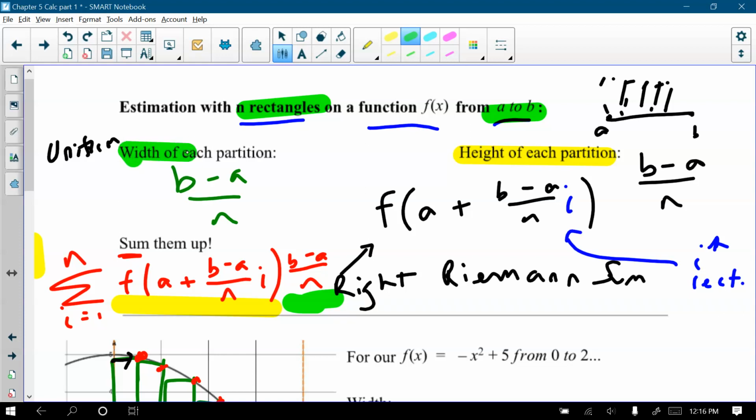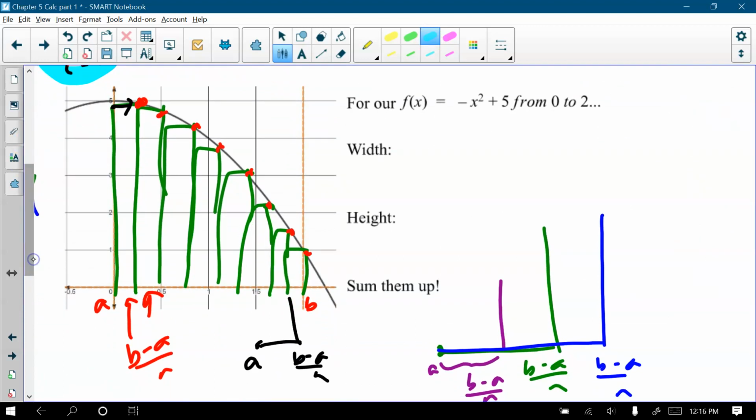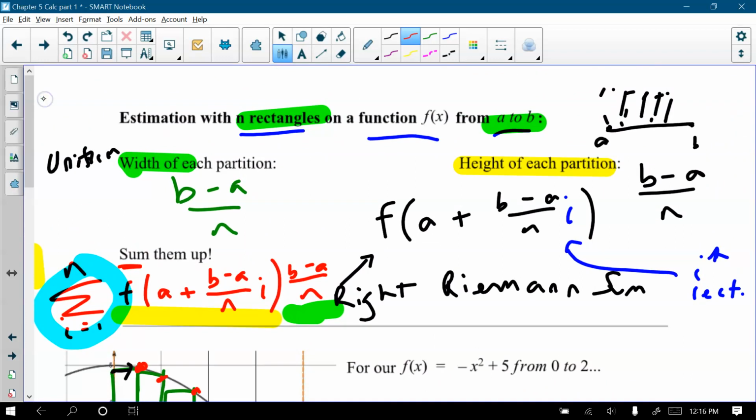That's why we have an i there. And why do we have a summation? Well, we're summing because we're going to add up the areas of all these rectangles because, again, when we multiply height and width together, we get the area of a rectangle for i rectangles. Okay?